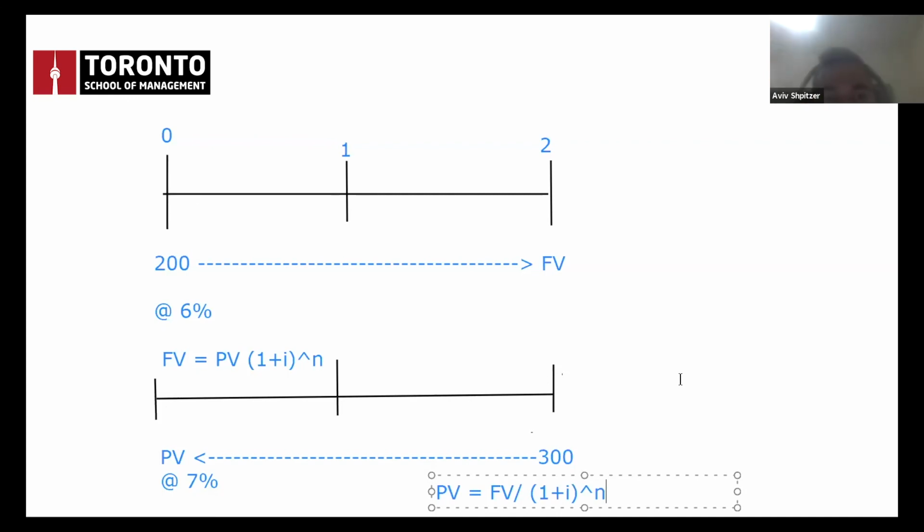Teacher, how many years? 2 years. Thank you. So the rate equals 7%, n equals 2, future value equals 300. I want to find the present value.